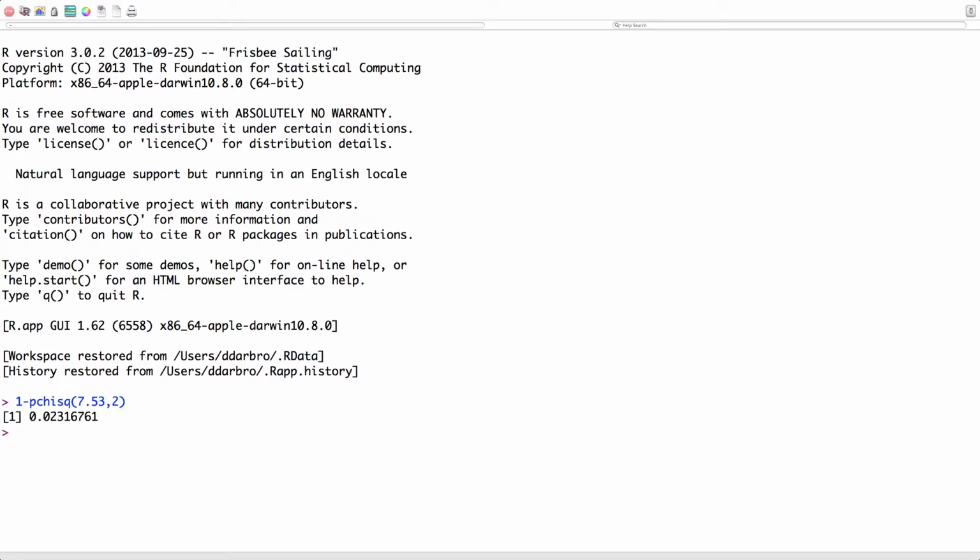Alright gang, so my p-value is going to be 0.0232. I'm going to write this down while I'm at it because I'll forget it. 0.0232, because we're going to need that.